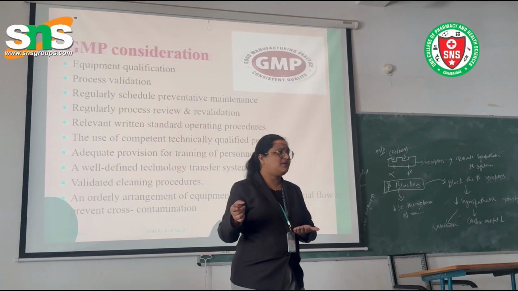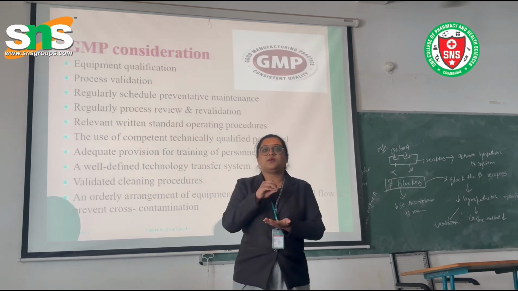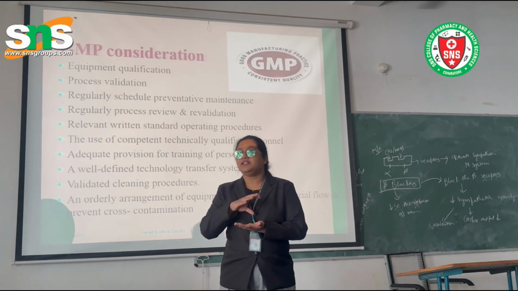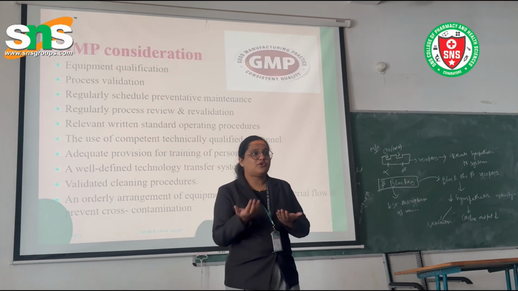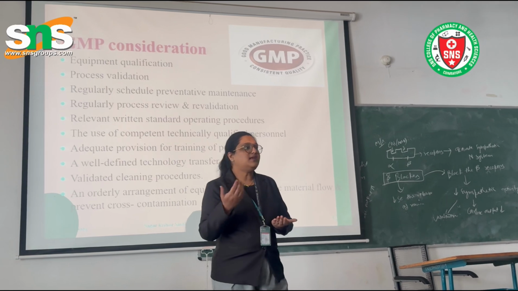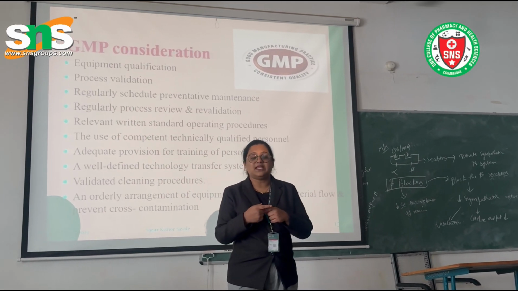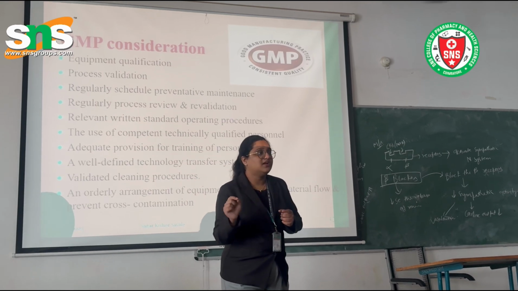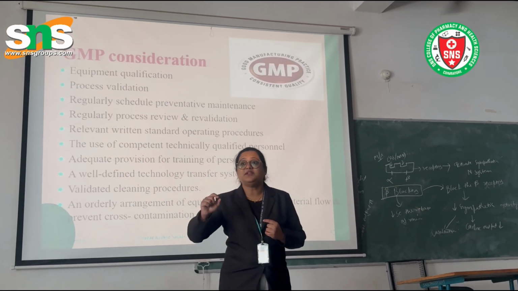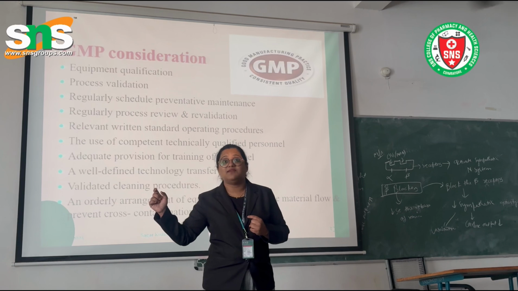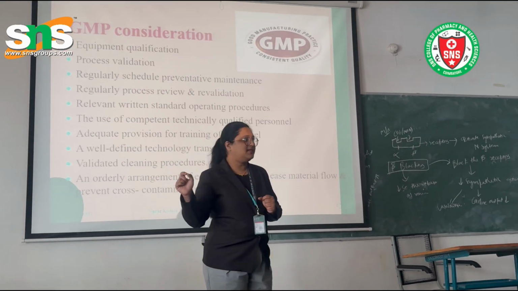You know the punches now, everyone? Whether the punches are making a tablet properly, everything you need to check. Revalidation is very important, and the values you got should be documented. Everything should be documented.